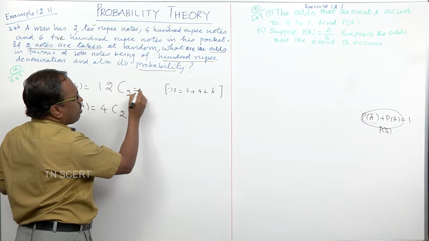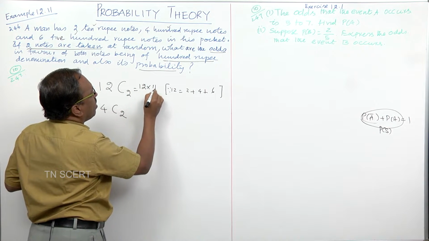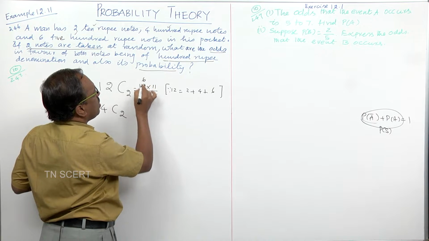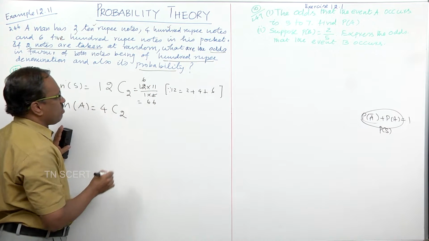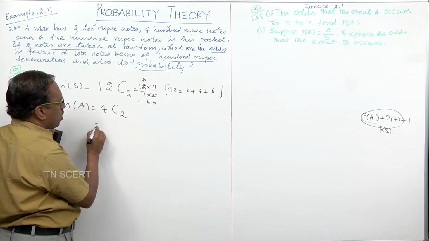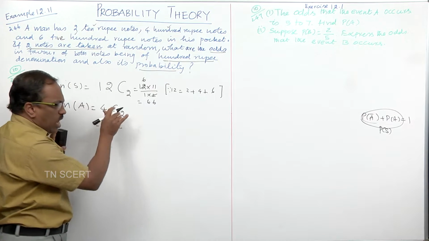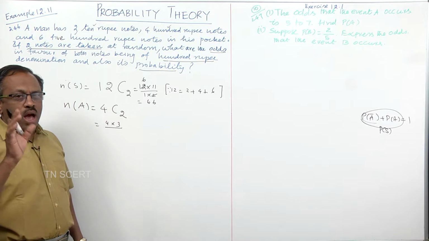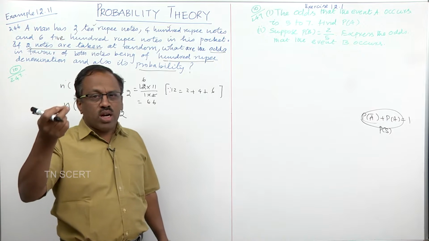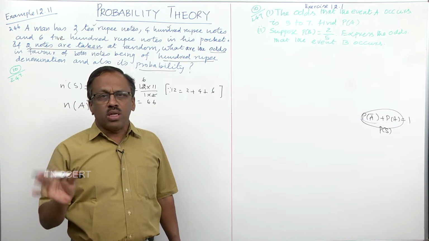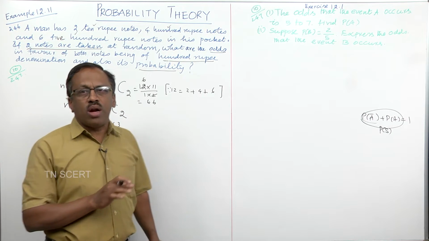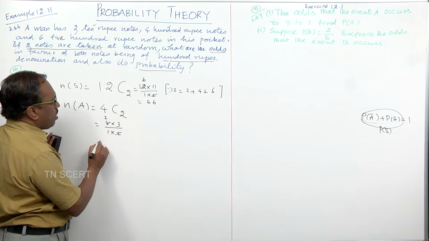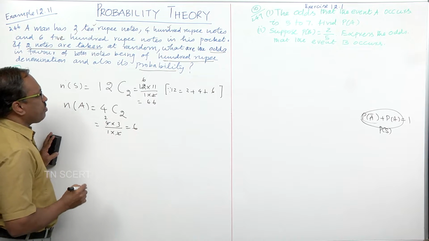So n of S is 12 into 11 by 1 into 2, that is 66. Likewise we can choose this one as 4 into 3 by 1 into 2, which is 6. I am doing this by shortcut, not applying the exact formula nCr equals n factorial by r factorial into n minus r factorial.